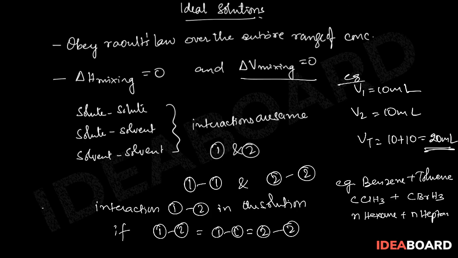So these are some of the examples which show ideal behavior, and such solutions are very rare. 100% ideal solutions are very rare, they are almost ideal. Such ideal solutions actually follow Raoult's law for any range of concentration.